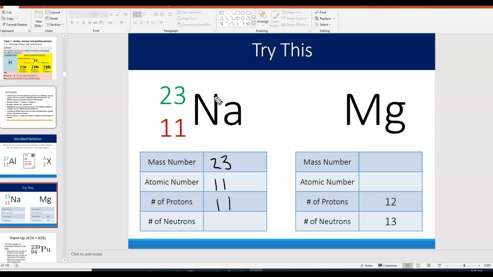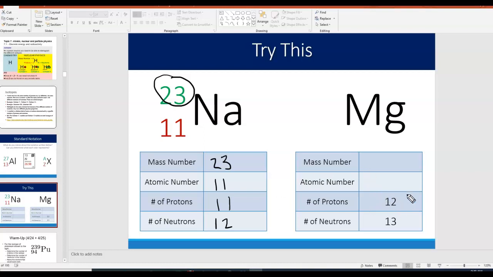And remember, the mass number represents the number of nucleons in that particular nucleus. Okay, nucleons being either protons or neutrons. So if of those 23 particles inside the nucleus, 11 are protons, that must mean that the other 12 must be neutrons, because there's only the two types of nucleons.